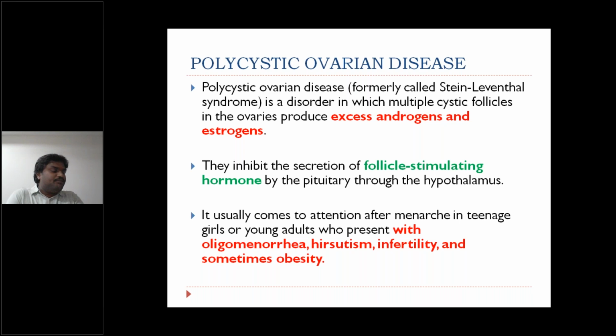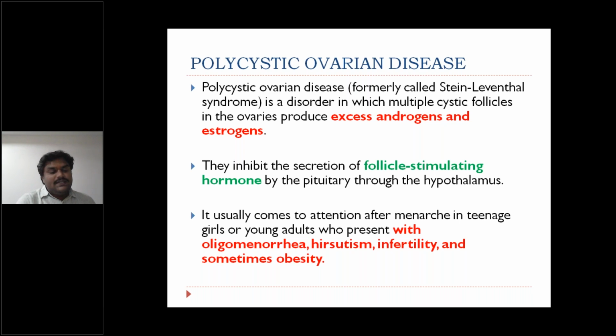Whenever there are excess androgens and estrogens, they inhibit the secretion of follicle stimulating hormone by the pituitary through the hypothalamus. So there won't be any secretory phase, only an excess amount of estrogen.